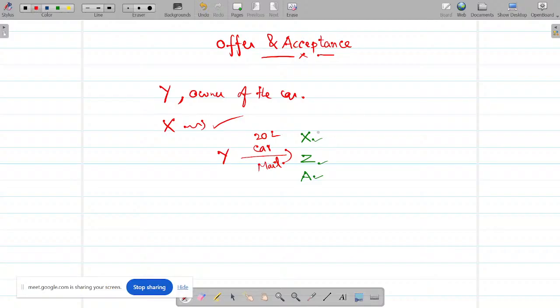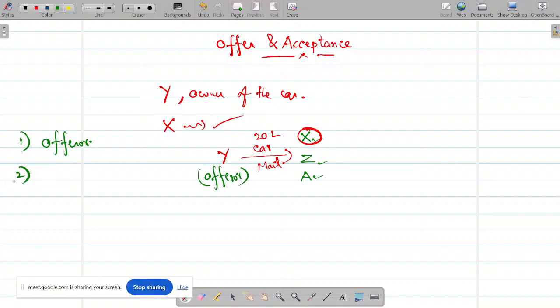And you are accepting this offer. So we'll come across three terminologies here. The person who has started the offer, who has started the proposal, will be called the offerer. So in my case, myself, Y, is the offerer.